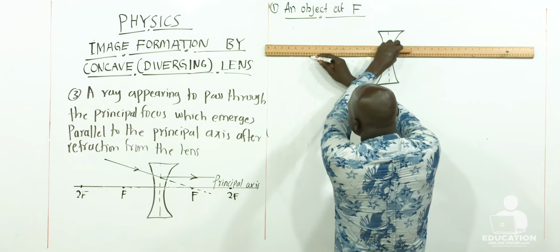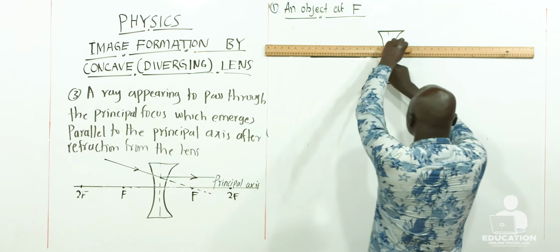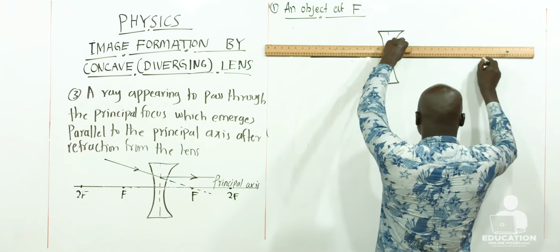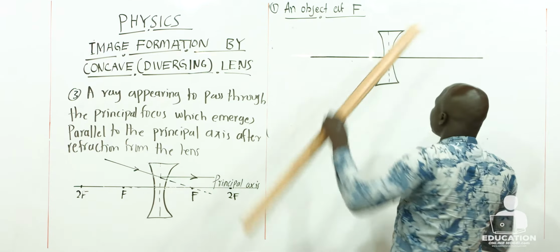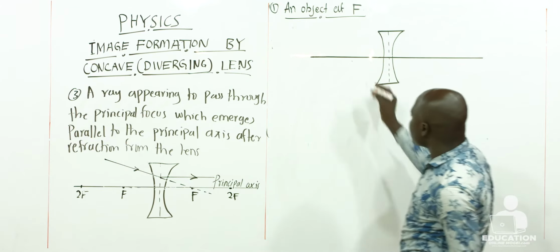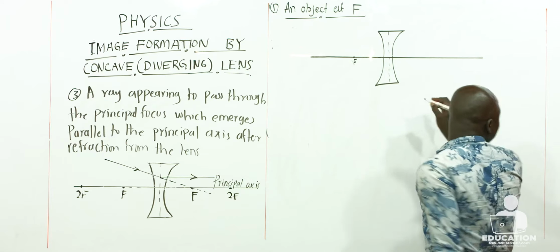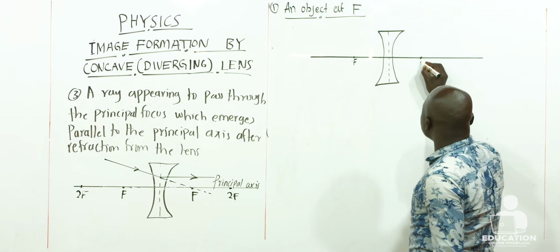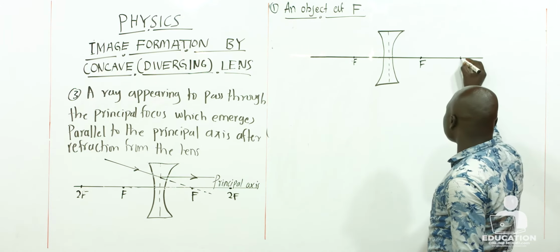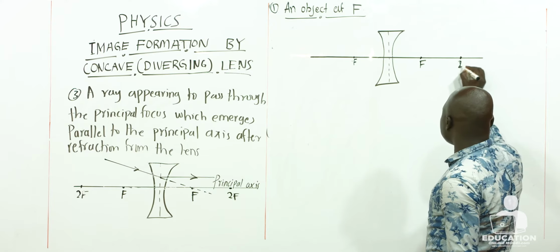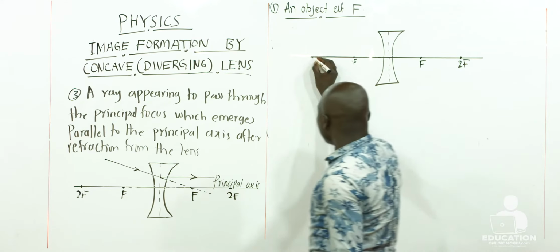So this is the principal axis of the lens. Then on the principal axis we have the principal focus F on both sides of the lens, and twice the principal focus is the radius of curvature, which equals 2F.